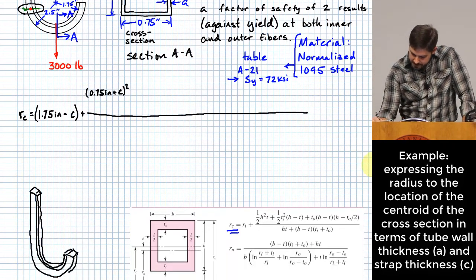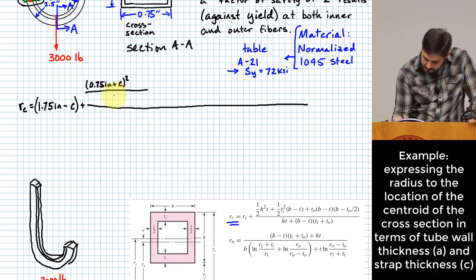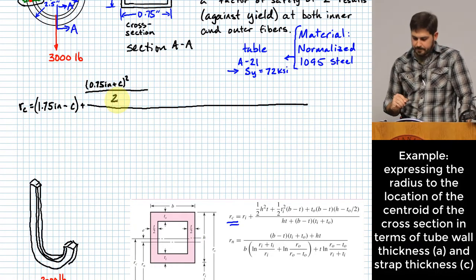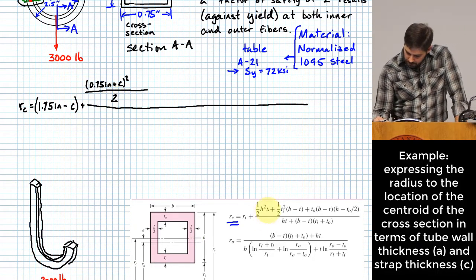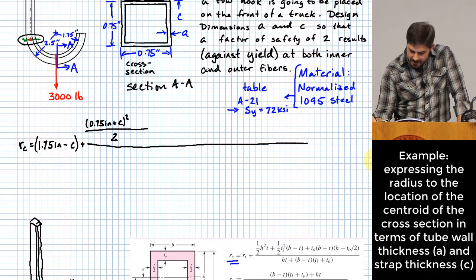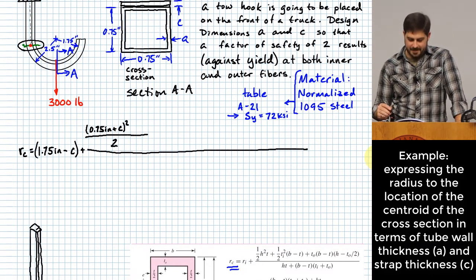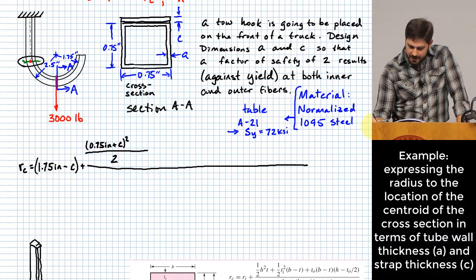I'm going to take all this and put it over 2. What's t? This is a little bit tricky.